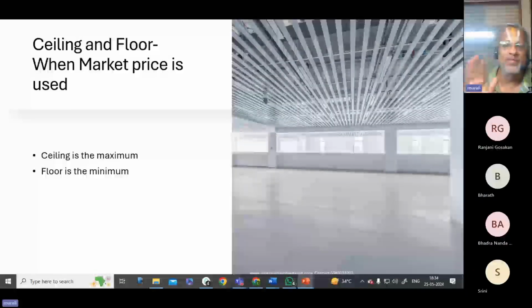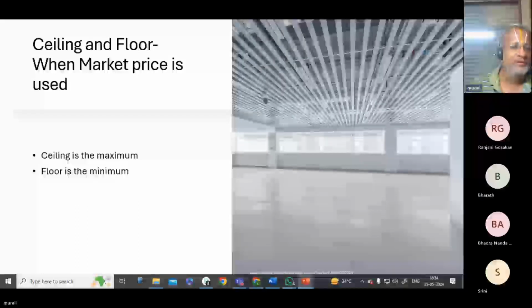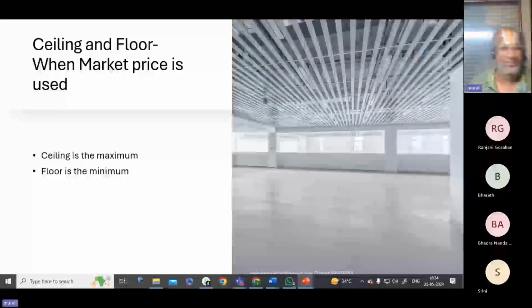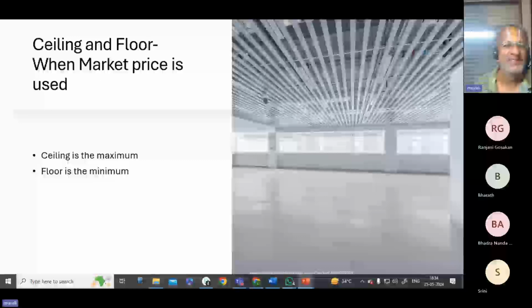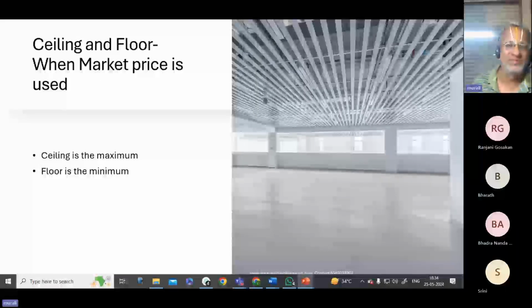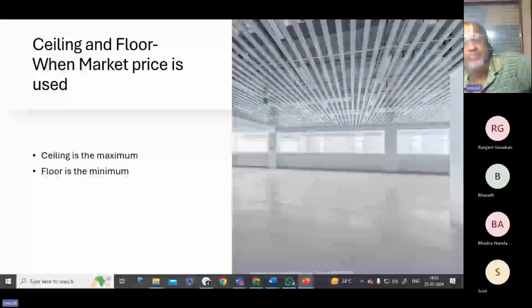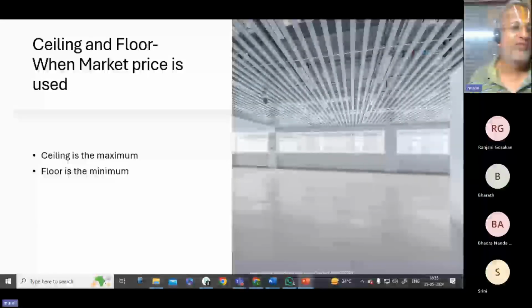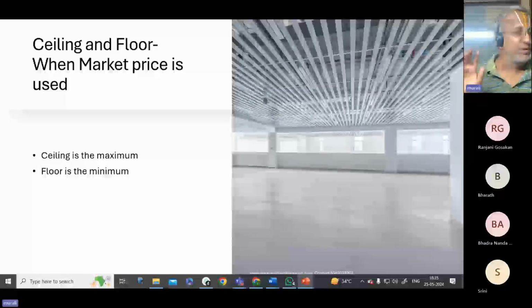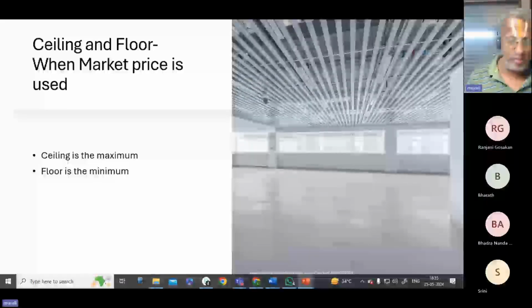Next, floor is the minimum, right? So all that people know. Sir, what is this, sir? Ceiling and floor you are teaching. It's not ceiling and floor I am teaching. I wanted to tell you what is ceiling, how to compute. I want to tell you what is floor because cost or market price, whichever is lower, for market, we do have something to communicate.